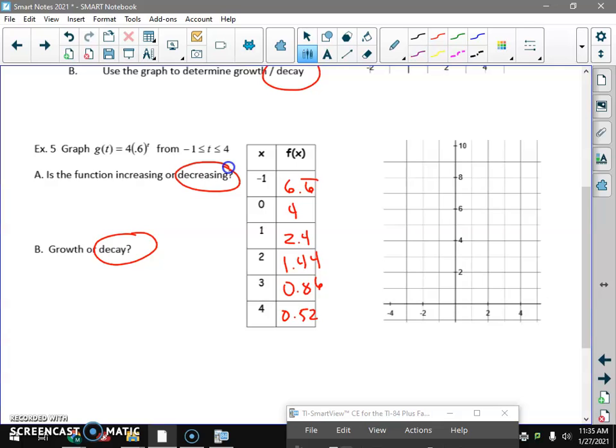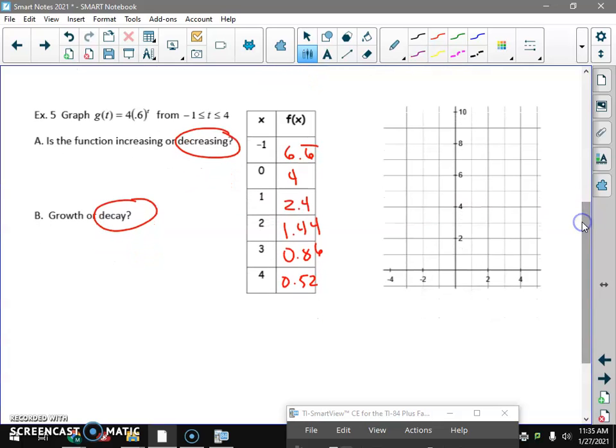And let's plot. When x is -1, 1 to the left, y is 6.6, bigger than 6 but smaller than 7. Don't go over, just go up to 4. Over 1 to the right, bigger than 2 but smaller than 3. Over 2, bigger than 1 but smaller than 2.